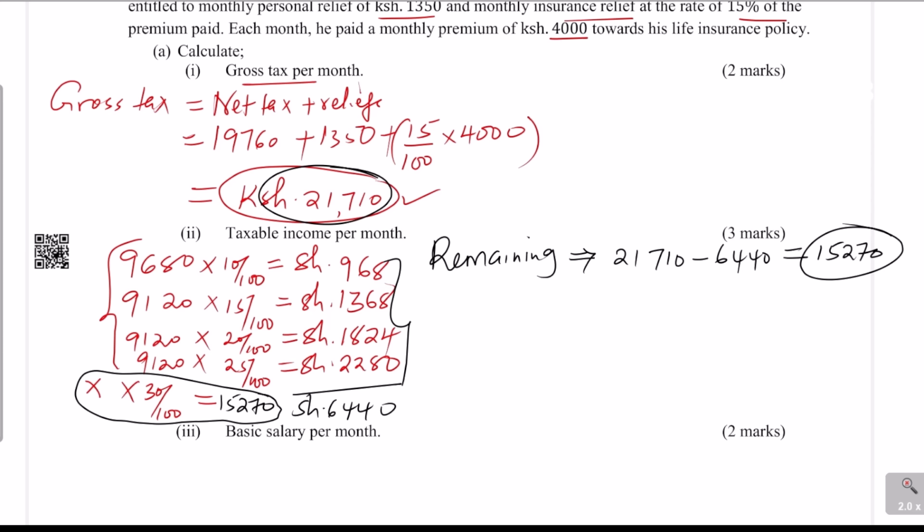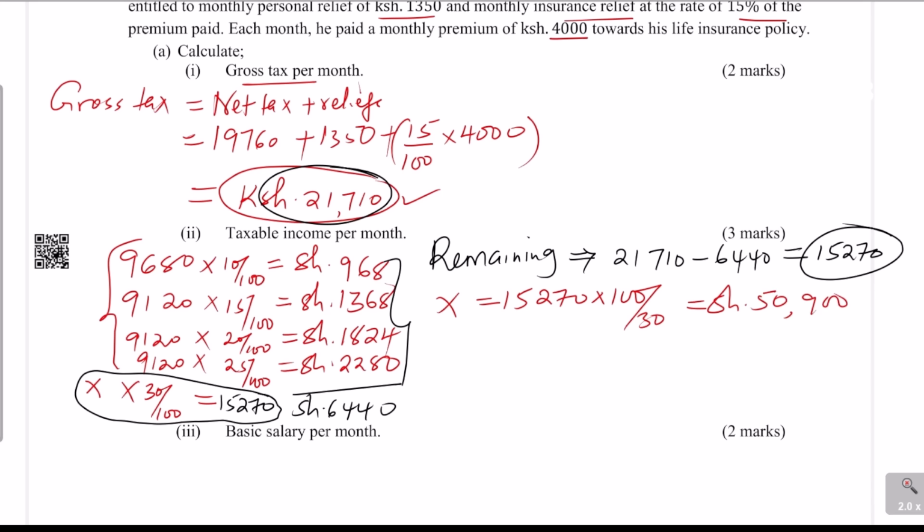So we're going to get this one by taking X is equals to 15,270 multiplied by the reciprocal of 30 over 100, that is 100 divided by 30, and these will give the taxable income of 50,900.